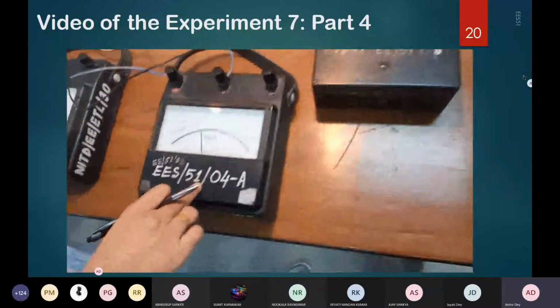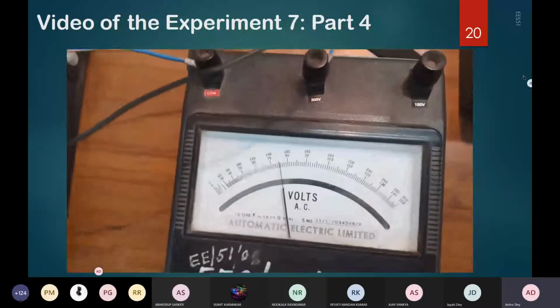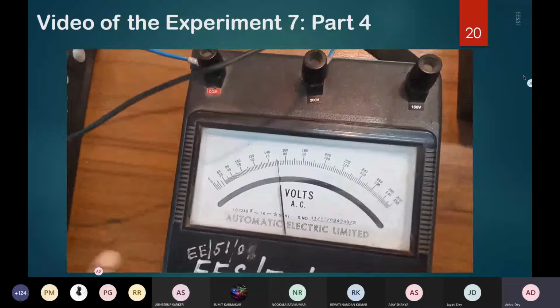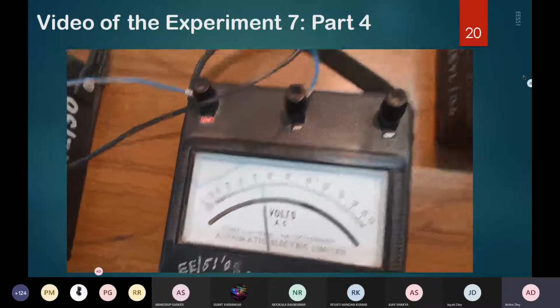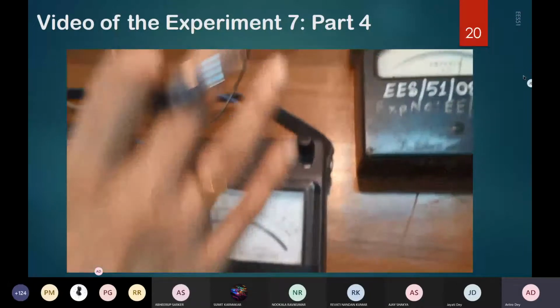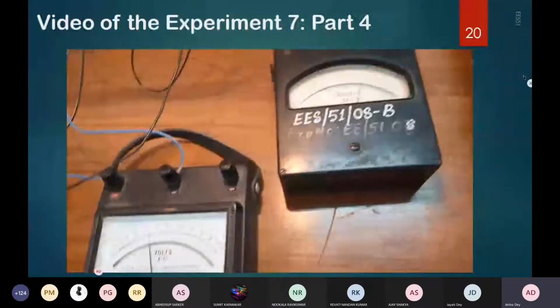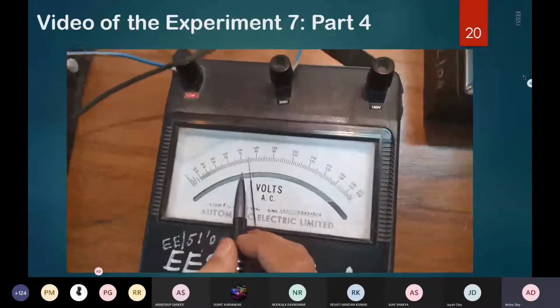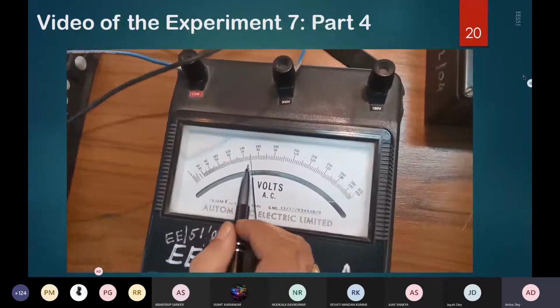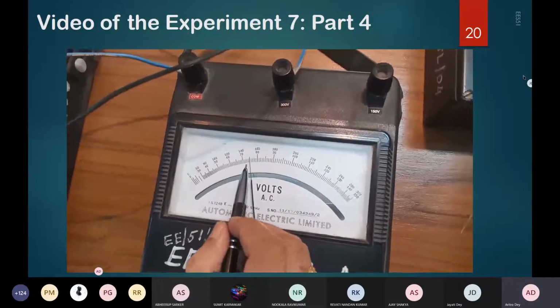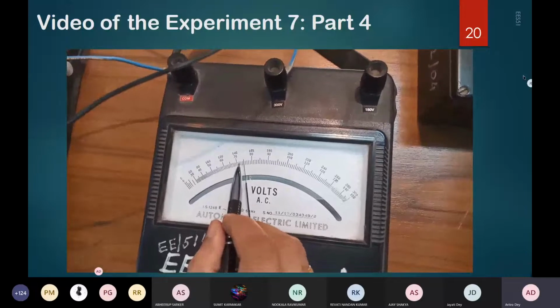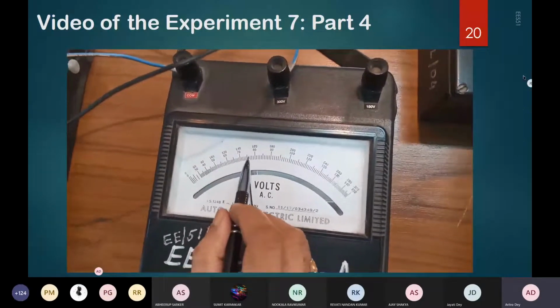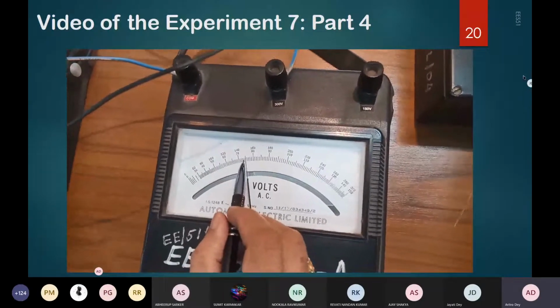If you note the reading V2, this reading is basically 230 minus the drop across the external resistance, which is what is applicable over the two lamps connected in parallel. So we can see it is supposed to be 155. Okay, so we have taken this reading, 155, which as per the table will be V10.